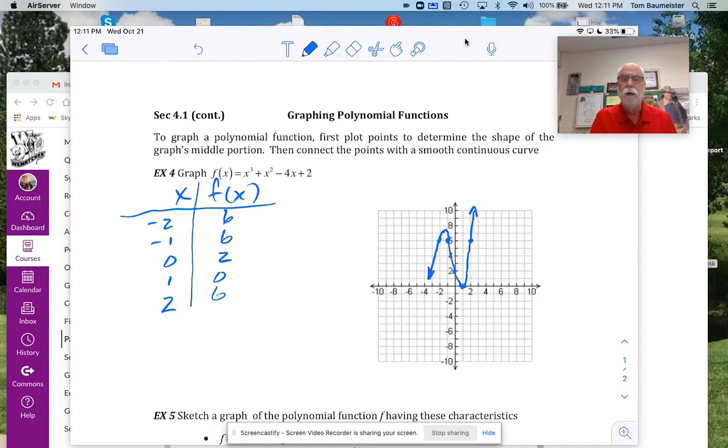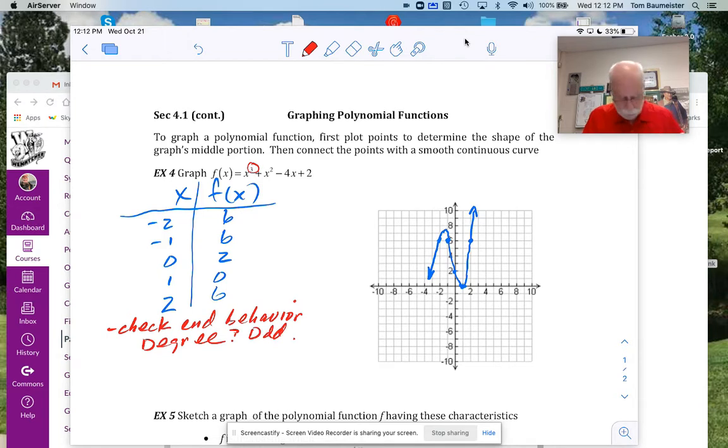And again, here is our end behavior. All right, so now, I just said end behavior, so check end behavior. So from yesterday, what is our degree on this? Well, our leading exponent is 3, so we know our degree is odd.